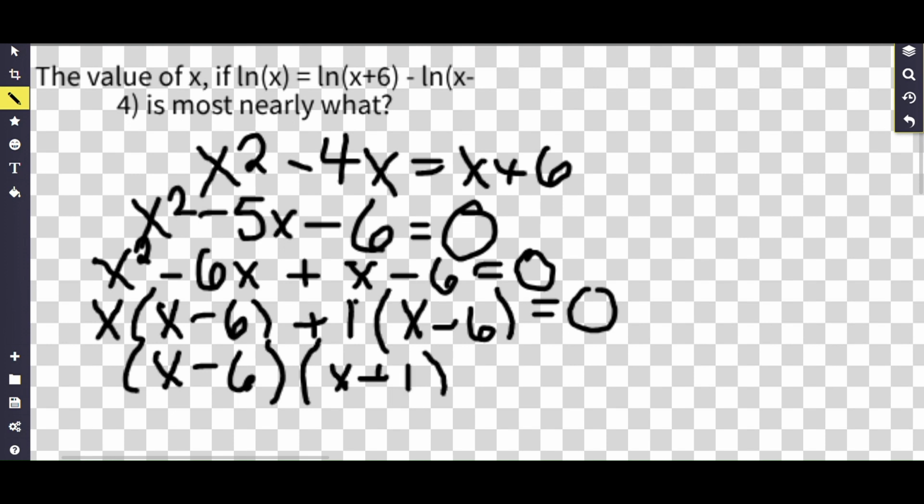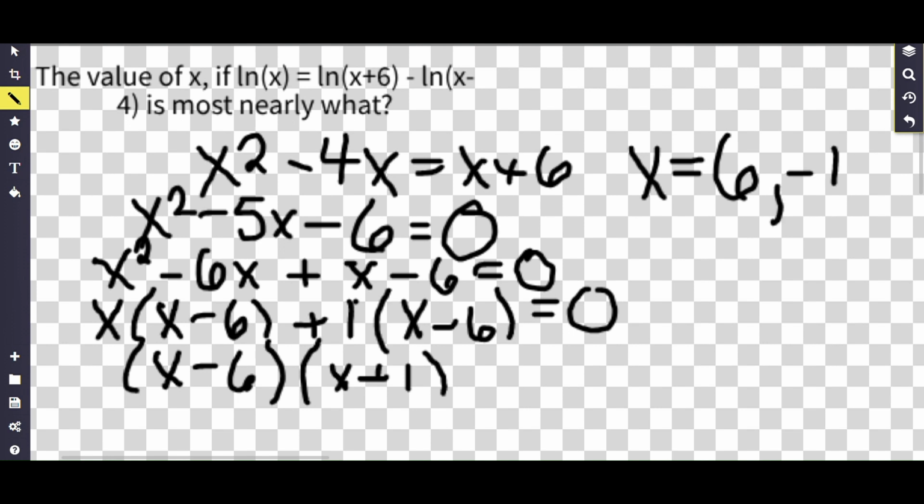This combination of numbers comes from here and here, whereas the other combination, the beginning parentheses, comes from what we found earlier by breaking it down further from the rudimentary completion of the square. So we know that your x values will be x equals a positive 6 and a negative 1.